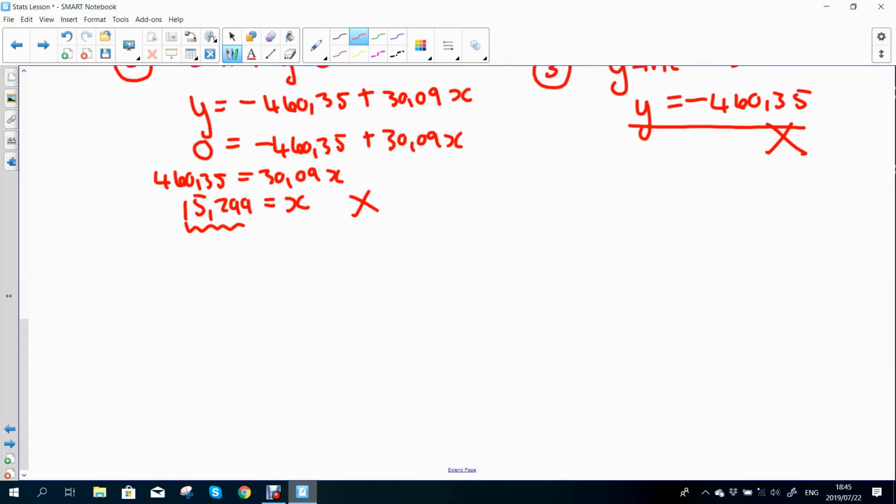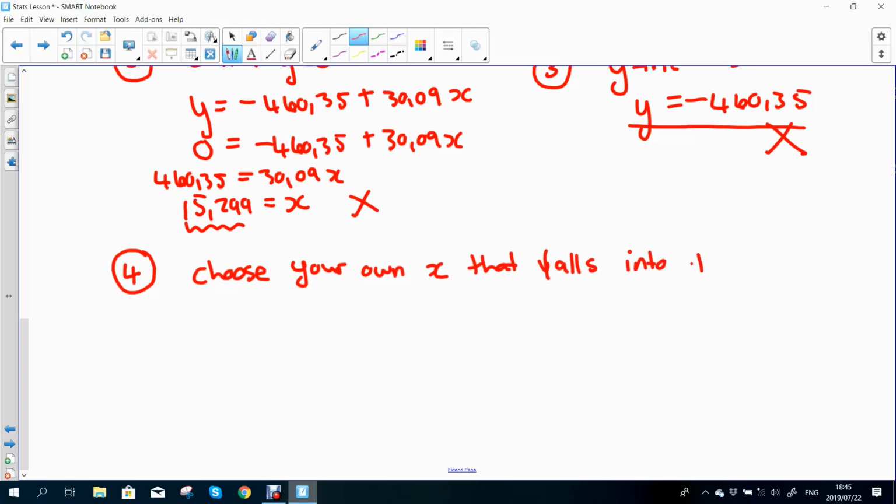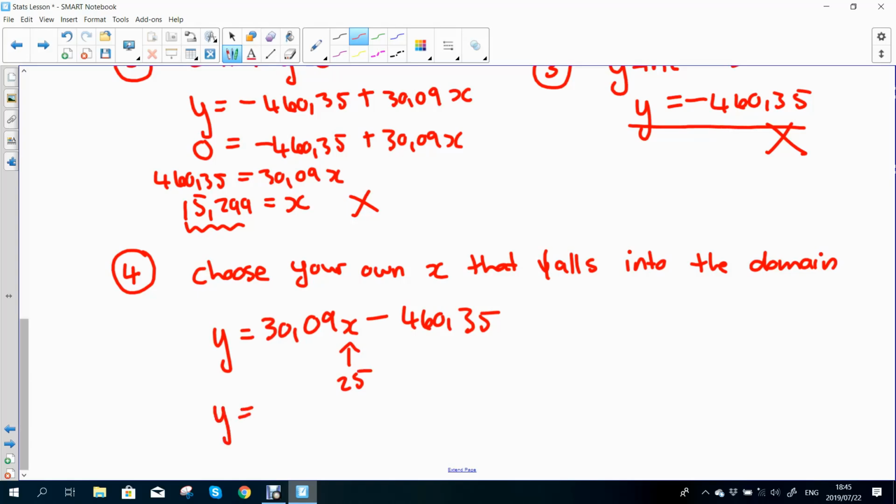So then, last step. If the x-intercept and y-intercept don't work, choose your own x that falls into the domain. So I decided to choose 25 as my x value. So I use 30,09x minus 460,35, and then for x I'm going to plug in 25, which falls into my set.